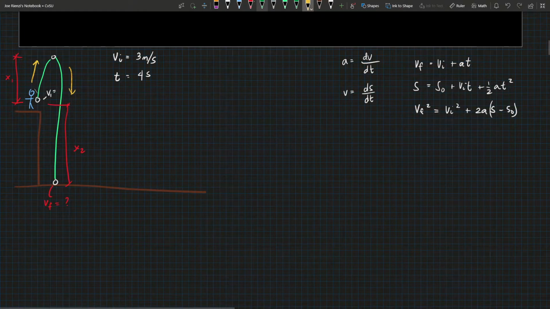So, in this first part, we can say that the initial speed is 3 meters per second. And then, when it reaches the highest point, the ball stops rising. Before it falls, its final velocity there is 0 meters per second.